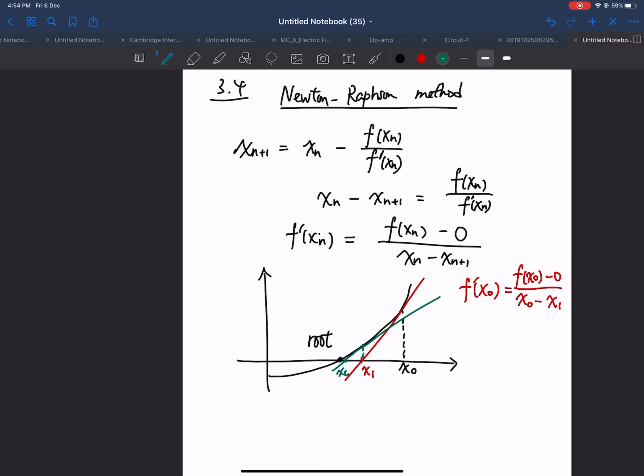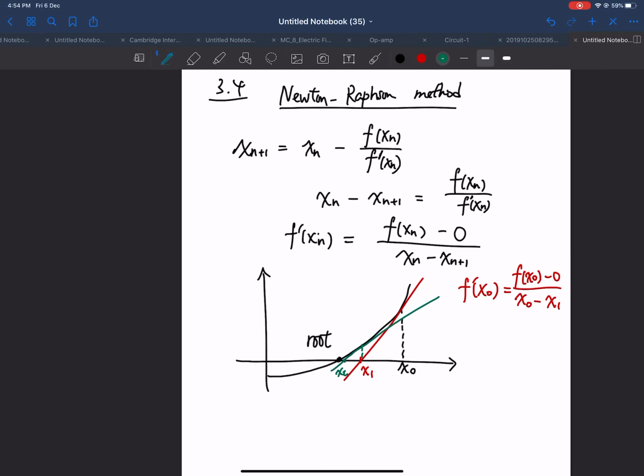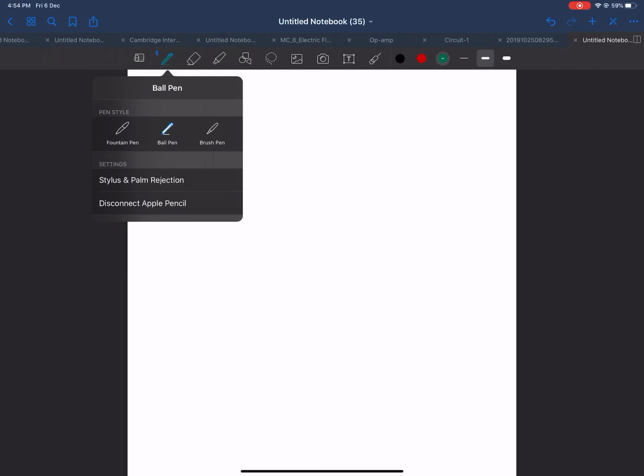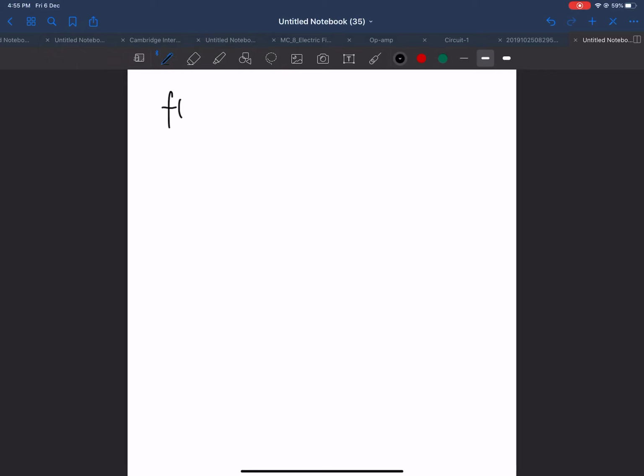Now, let me use exercise 3D, the first question. Show that the equation f x equals 0 has a root in the interval between 1 and 2. So for part A, you show that there's a solution between 1 and 2.